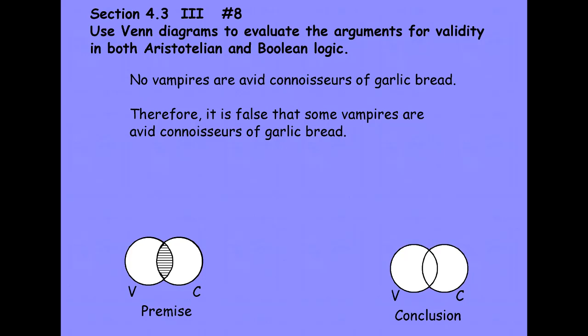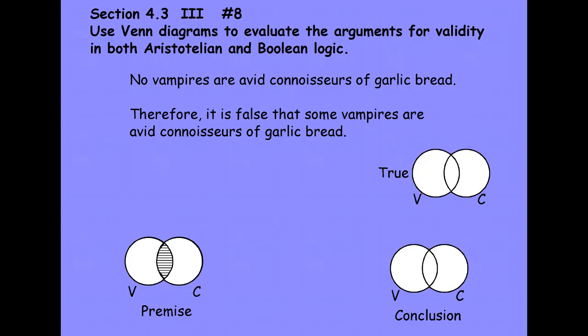And so one way that we can figure out how to fill out our conclusion diagram is to make a diagram and indicate what has to be true in order for that standard form categorical statement, some vampires are avid connoisseurs of garlic, to be true.